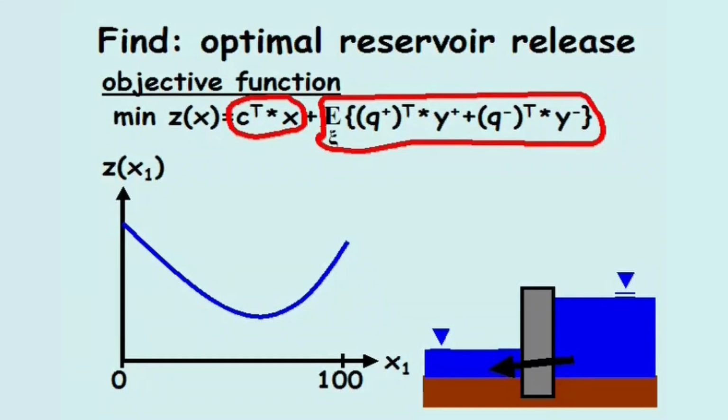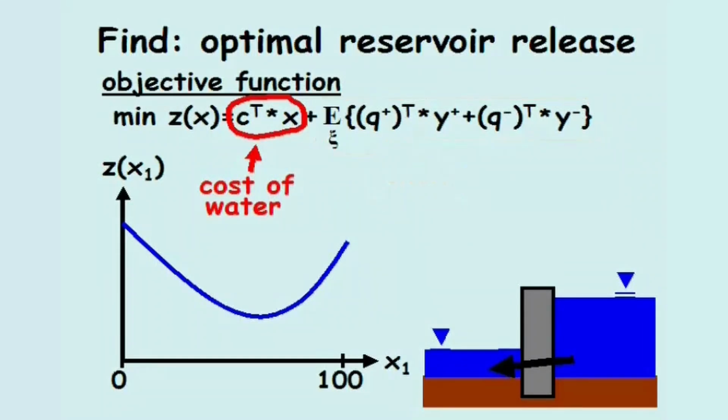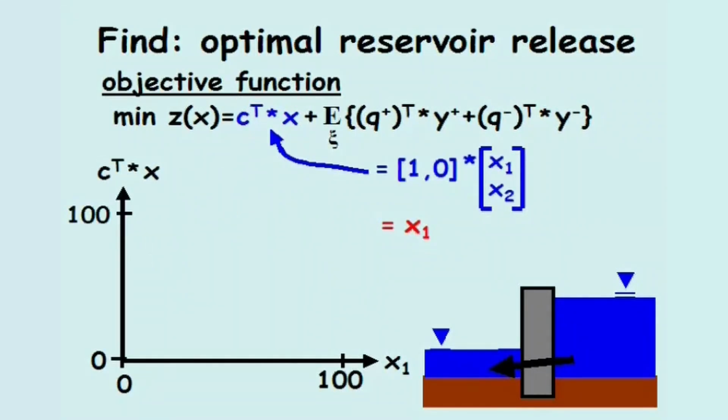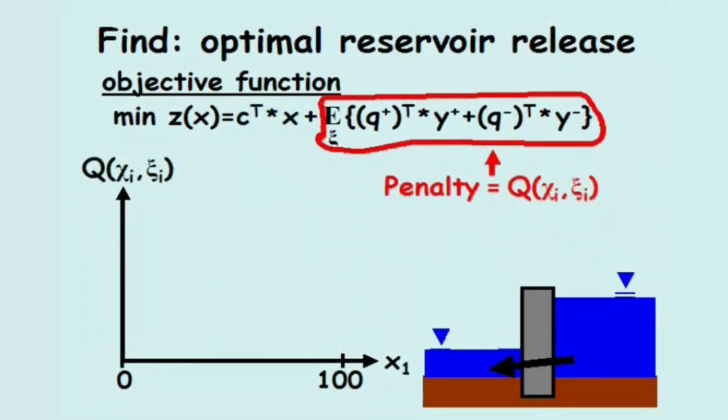From before, we can divide the objective function into two parts: the cost of water and the penalty from shortage or surplus. If we focus in on the cost of water, we calculate the cost to be 1 times x1, which is a linear relationship. Next, we'll focus on the penalty term and rewrite the penalty term as Q of chi times xi.